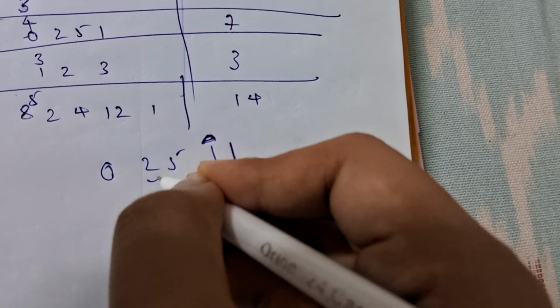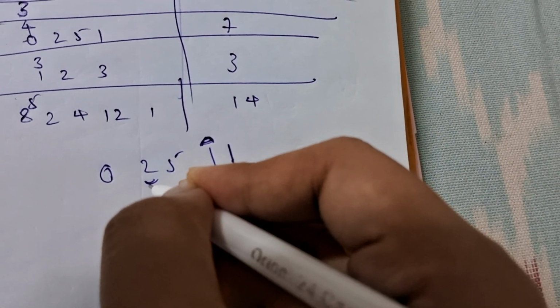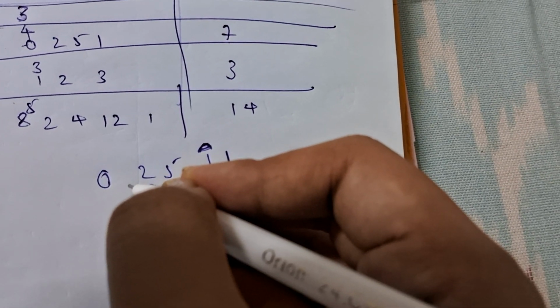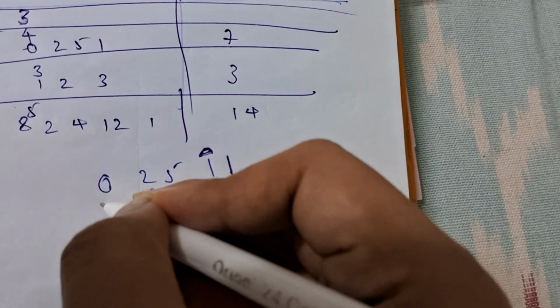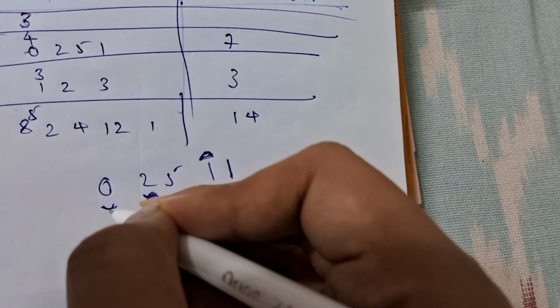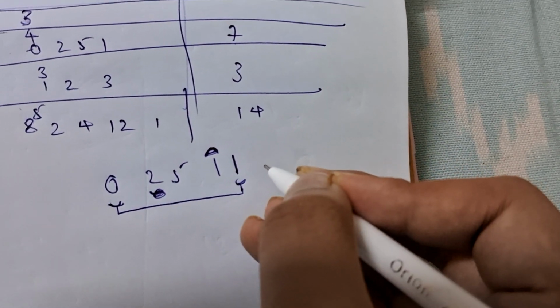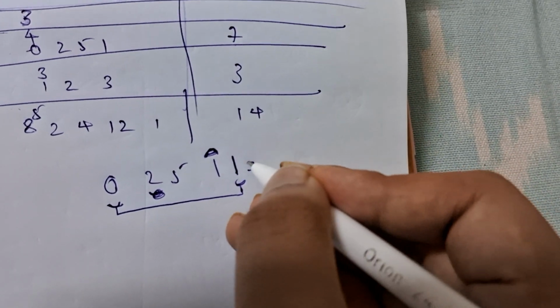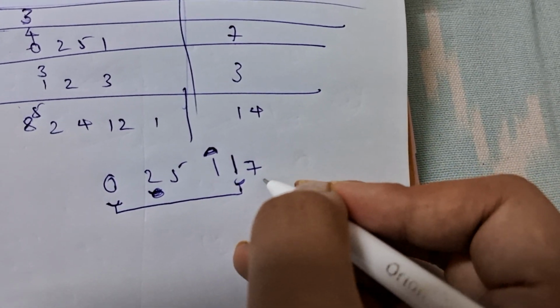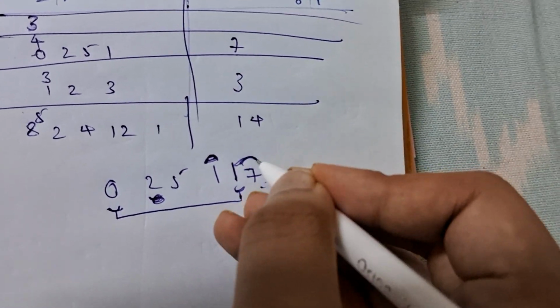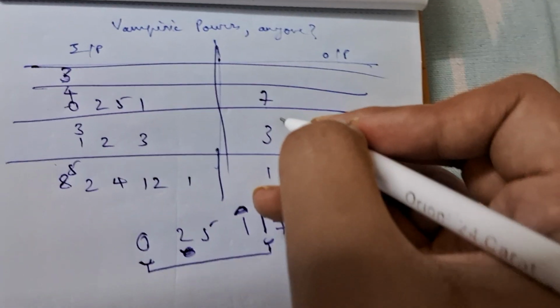Then you can select this index and find the XOR of all the elements, which becomes 7, and you can append it. You may continue doing this as many times as you want, but 7 is the maximum element that can be appended. So the answer is 7.